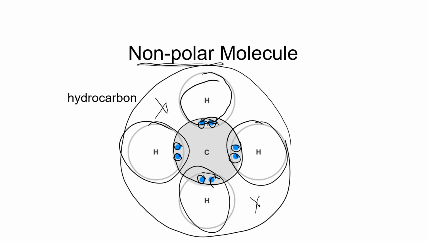Now, I think this is important to go ahead and say, because this will be relevant to some of our discussions later on. Really, no molecules are entirely nonpolar. Okay? You have molecules that are more nonpolar than others, but every molecule to some degree has a little bit of polarity.